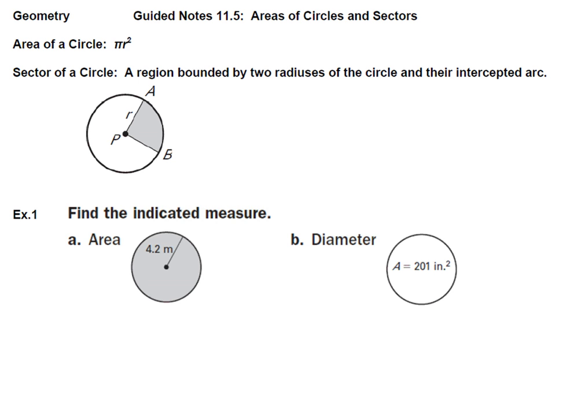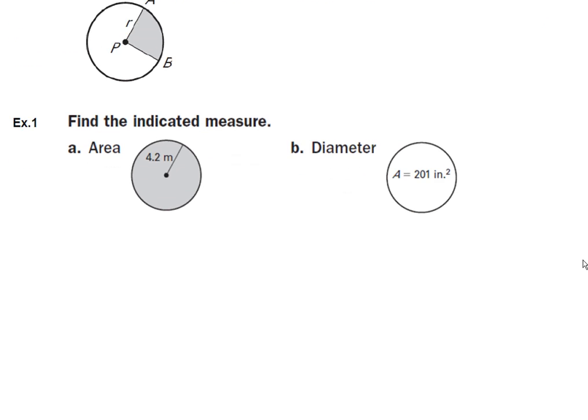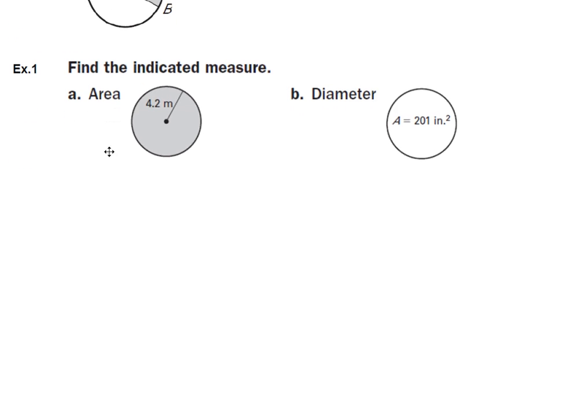So if you look at example 1 here, find the indicated measure. This circle has a radius of 4.2. We can easily set that up following our area formula. So pi r squared, or in this case, pi times 4.2 squared. Usually what we would do with this is just type this into the calculator and round our answer.